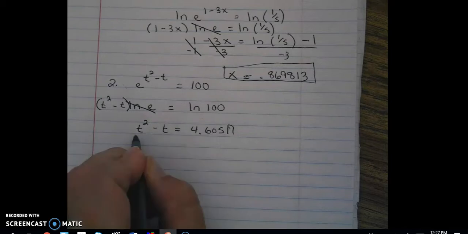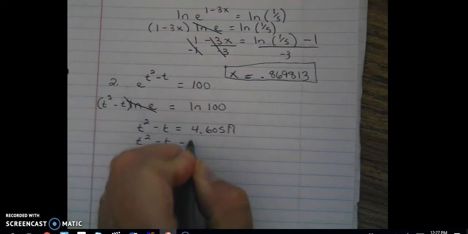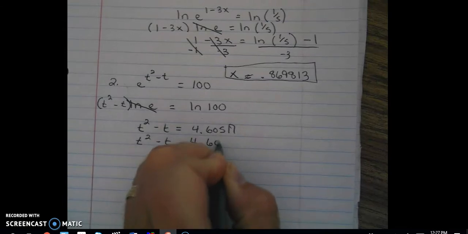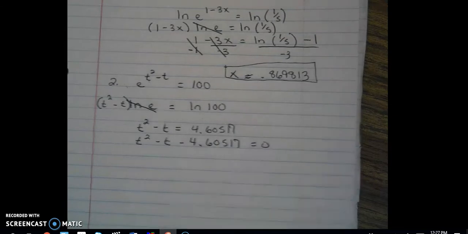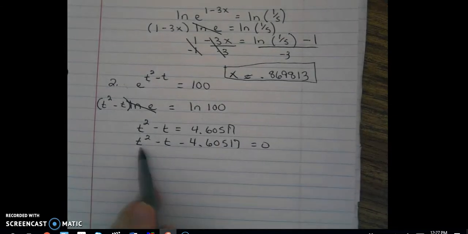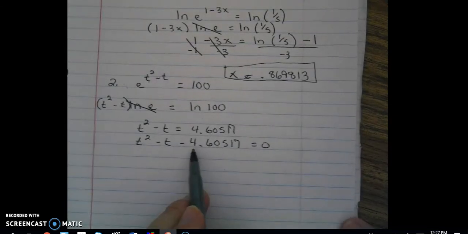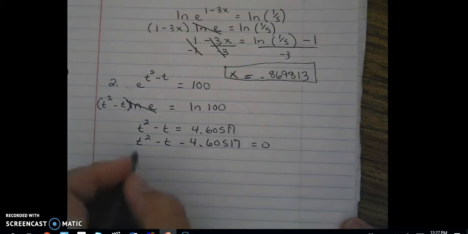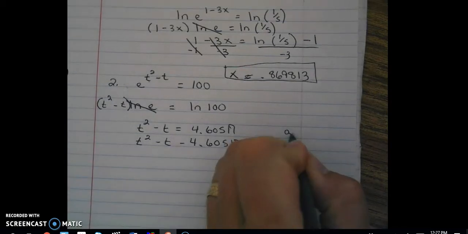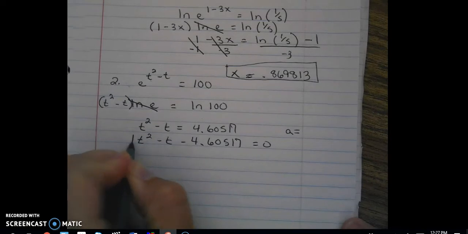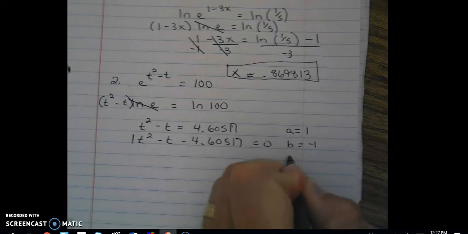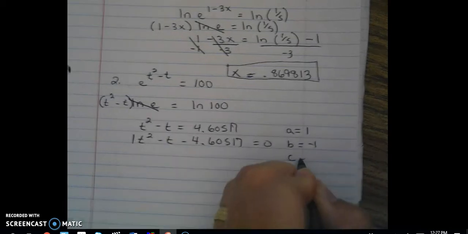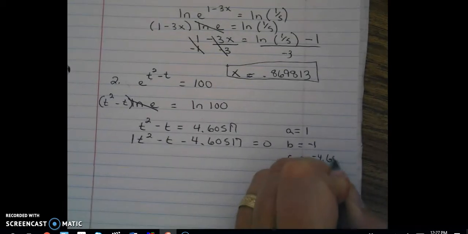To solve this quadratic, we have to set it equal to 0. So I'm going to move that 4.60517 to the other side. I really doubt that this is factorable, so to solve this quadratic, we're going to use the quadratic formula. In this case, a is 1, b is -1, and c is -4.60517.